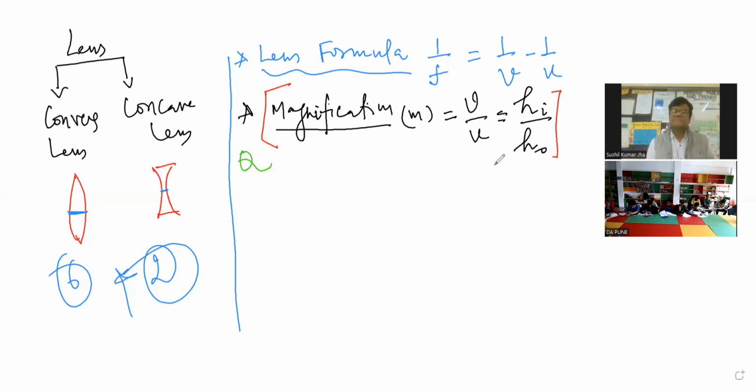A convex lens of focal length 20 centimeter forms a magnified image of an object which is 2 times as that of the object.